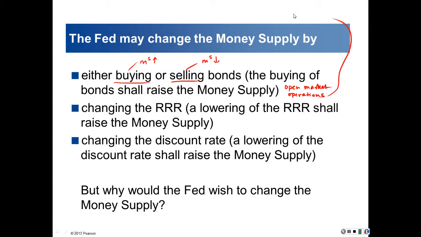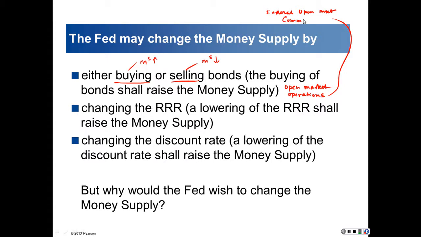It's called the Federal Open Market Committee, or FOMC. This is a committee within the Fed that makes decisions about open market operations. So this is the main way in which the Fed can alter the nation's money supply, correct? We spent the whole of last week studying this stuff.